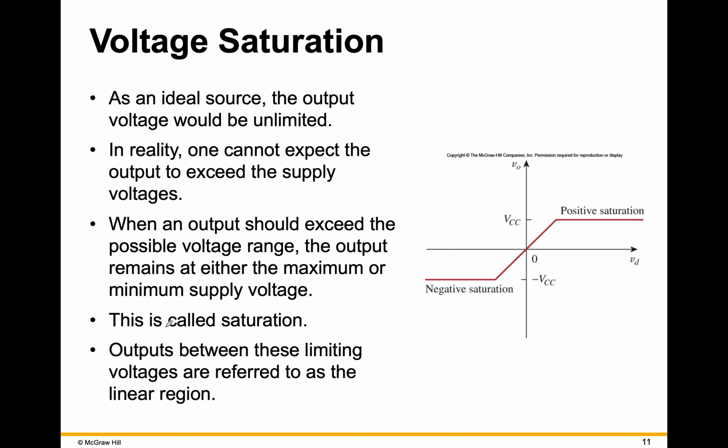So what actually happens is, because of this and because of conservation of energy, the op-amp output voltage can't exceed the power supply voltage VCC in either the positive or the negative direction. So what that means is you have a range of input voltages over which you can operate, where the op-amp will be a linear device.